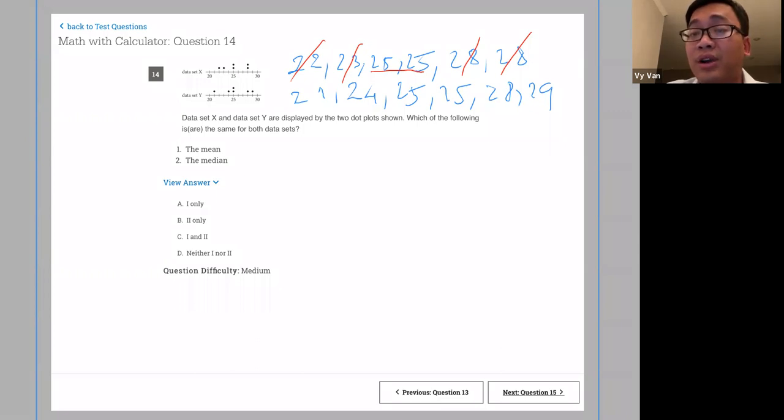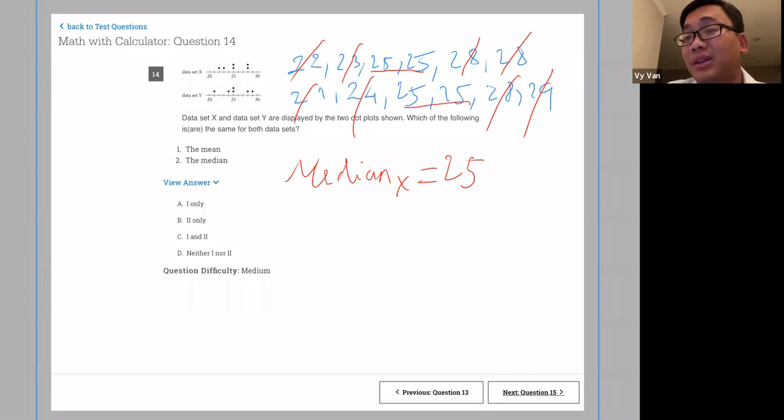So the median for x is 25. Let's do the same thing for y. Again, it's the same. So the median for y is 25. So we know the median is the same.